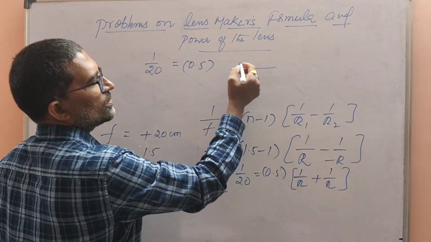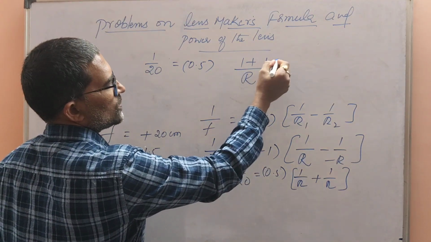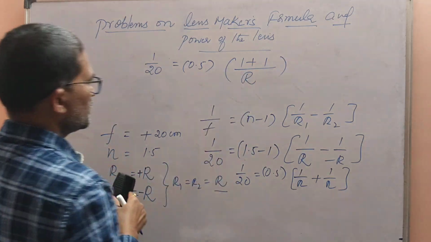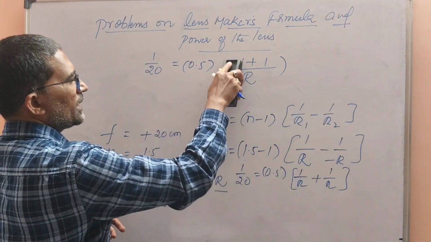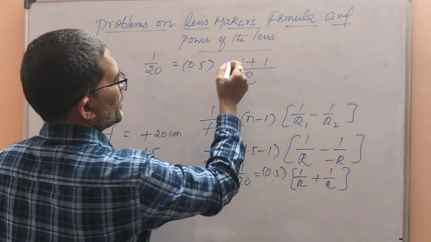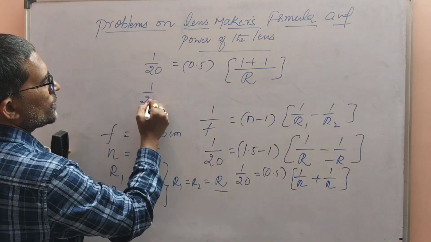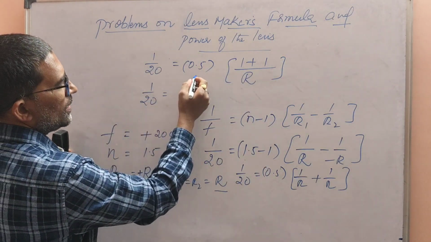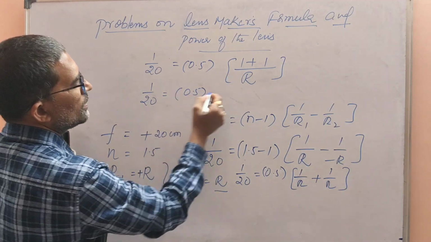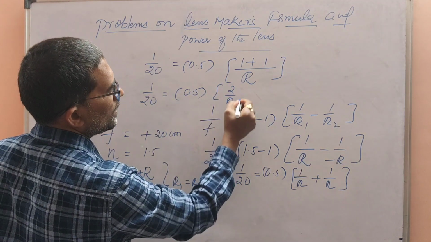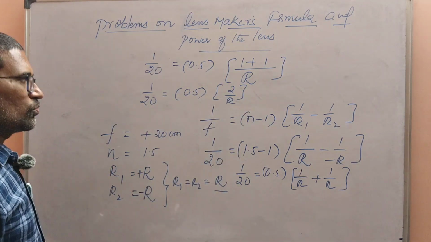R will go in R one time, that is 1, plus another is also 1. You can keep the bracket according to the formula. Then 1 by 20 is equal to 0.5 into 2 by R. 1 plus 1, 2 only, 2 by R.